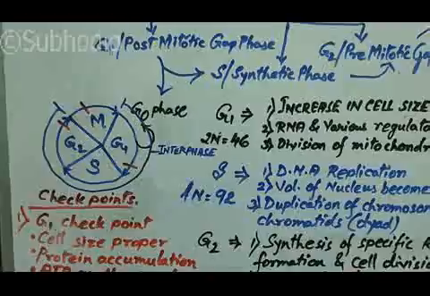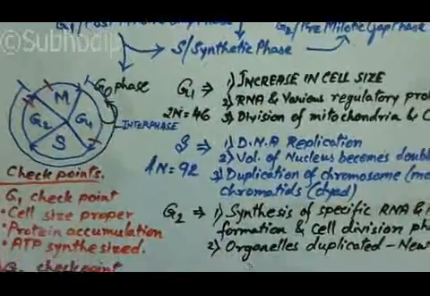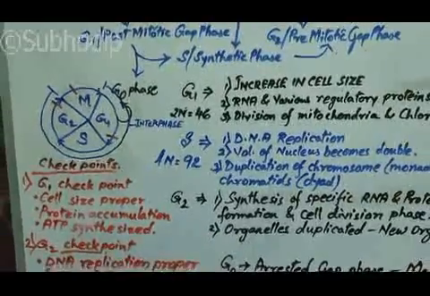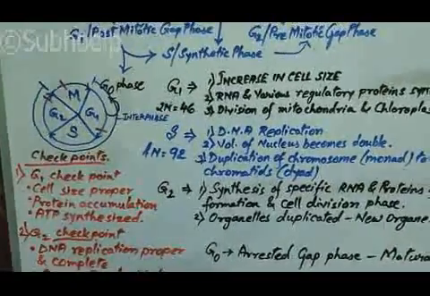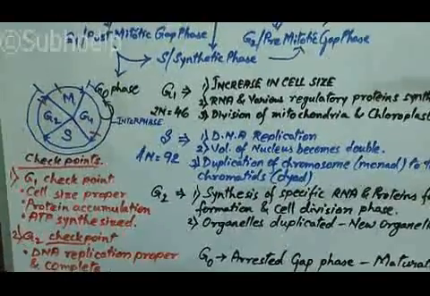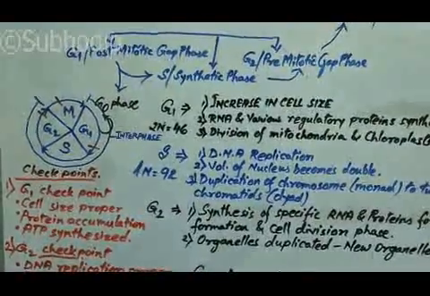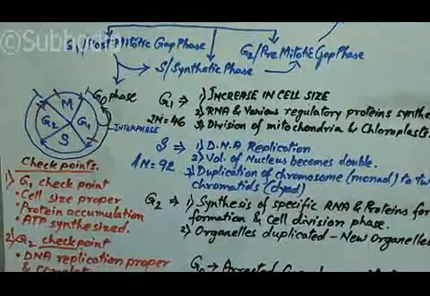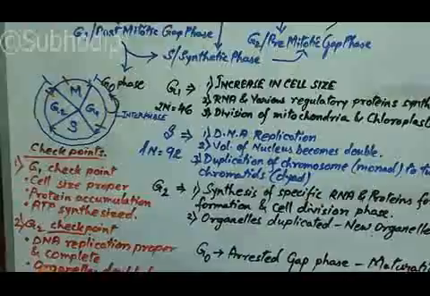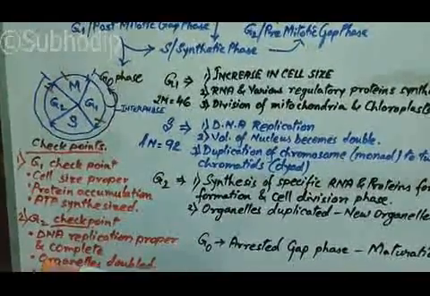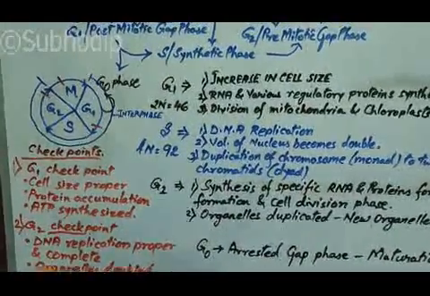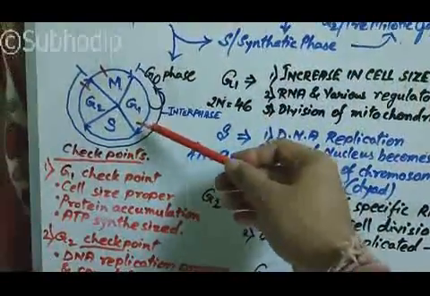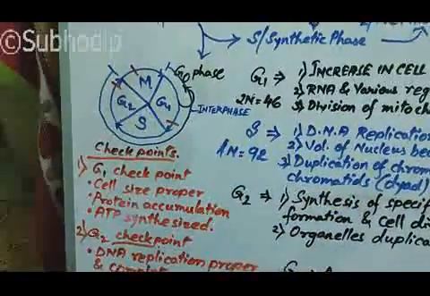Now various changes take place during the cell division phase. There must be something to check whether all the things are going accordingly or not. Hence, there are some checkpoints which are provided to the cell. The first checkpoint is the G1 checkpoint at the end of the G1 phase.